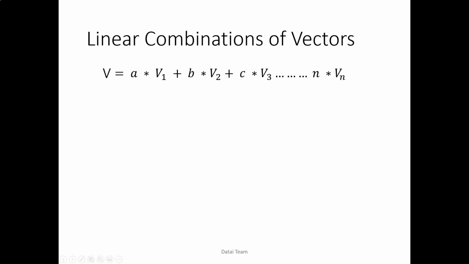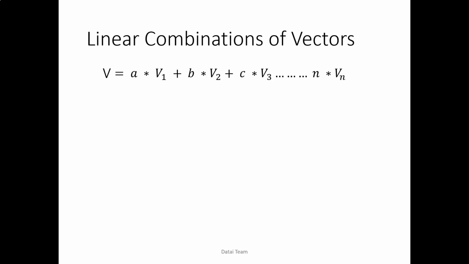In our vector addition and subtraction slides, we did linear combinations in a very simple way. This is simply writing a vector by using other vectors. We scale different vectors and we add them up to get a third or fourth vector. And you can combine an infinite number of vectors to get the vector that you want.